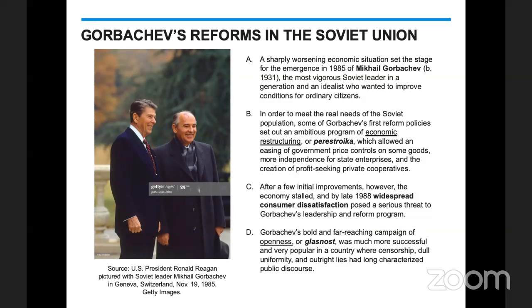Because the state has controlled and censored so much information to try and keep everyone in line, now we're going to allow some openness, where there's less censorship and more public discourse, more discussion. For the first time on television, some of the Soviet parliament is being televised, so people for the first time could see their leaders debating in parliament and having these discussions, and that is part of Gorbachev's glasnost.